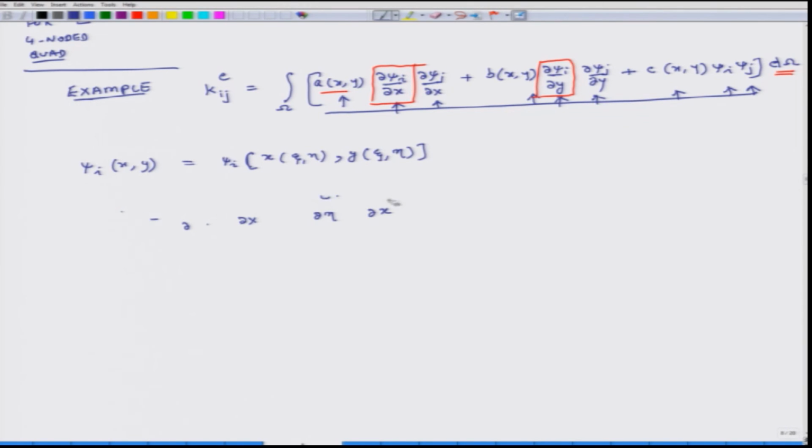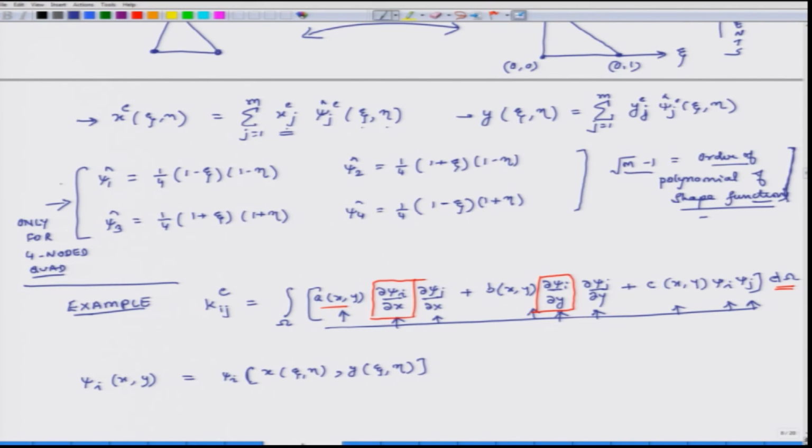I will actually modify this, and I can express this whole expression in a different way. So, I am interested in finding the partial derivative of psi I with respect to x, right. But I know these relations, psi I with respect to zeta and eta.